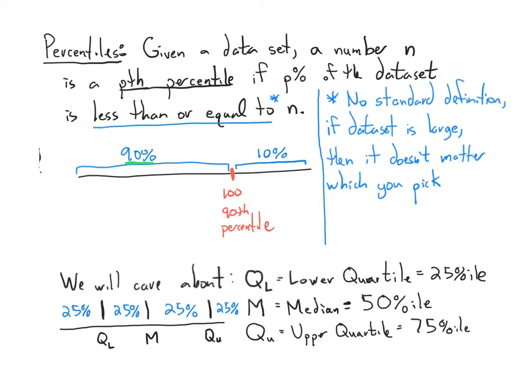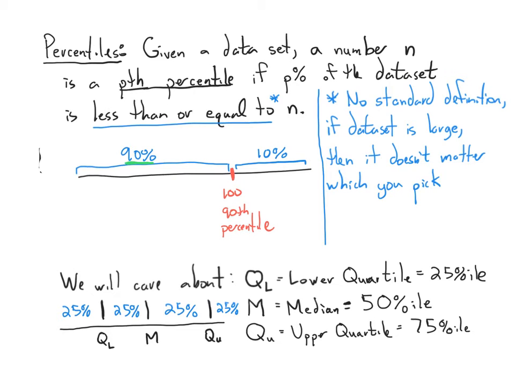So the way we're going to do it is calculate these quartiles with this less than or equal to definition. And the other thing is we're going to exclude the value if it's actually part of our data set. If you have very large data sets, it won't really matter. But for small data sets, you have to be a bit careful. Since we're going to be dealing with small data sets just because we're learning, we're going to have to care about this.